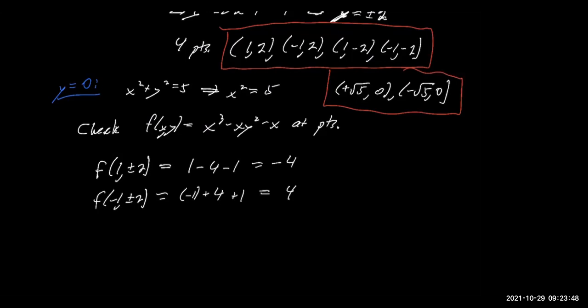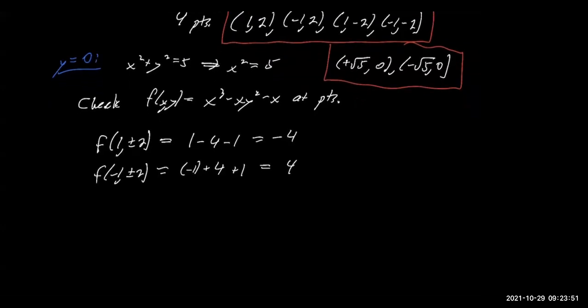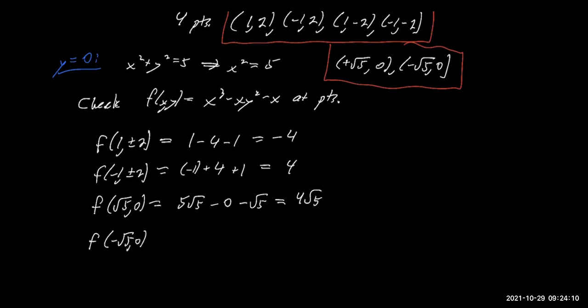So you get positive 4. If you plug in the square root of 5, comma 0, well, root 5 squared is 5 root 5. Plugging in 0 gives you 0 there, minus root 5. So that's 4 root 5. And plugging in negative root 5 is something very similar. So that's negative 4 root 5.